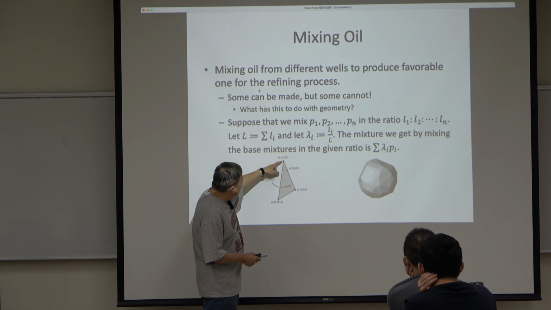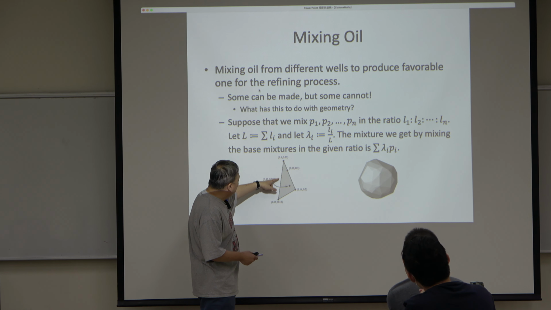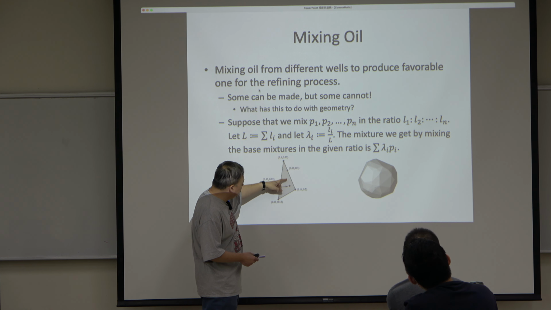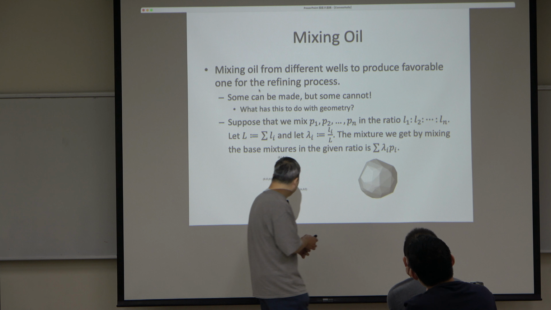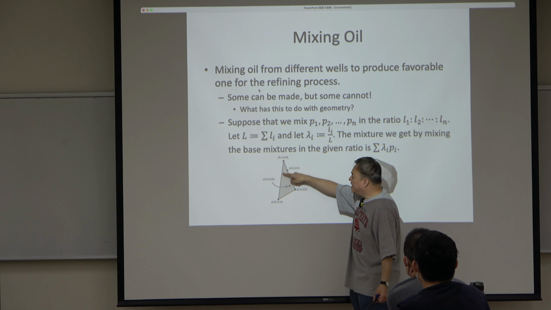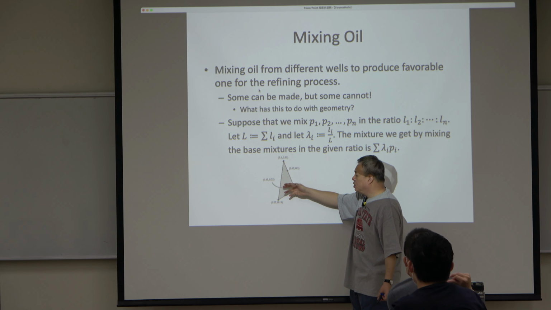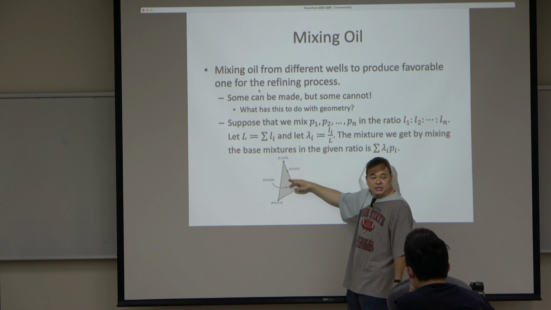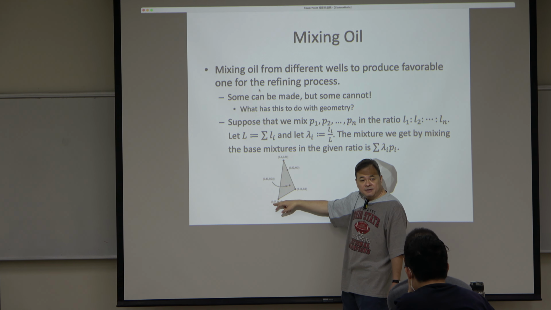Then if you mix the oil from these three different sources, the only possible percentages of these two materials you could make can be represented by this triangle, right?